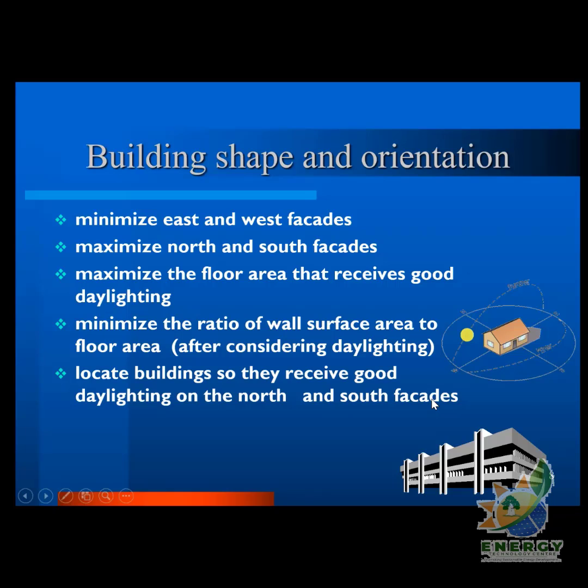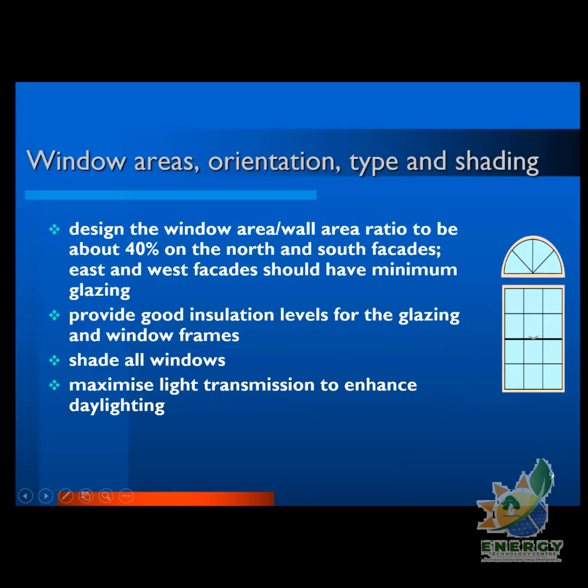Now, when it comes to window area and orientation, types and shape, the design of the window area to wall area ratio should be about 40% in the north and south facade, and east and west facade should have a minimum glazing as much as possible.